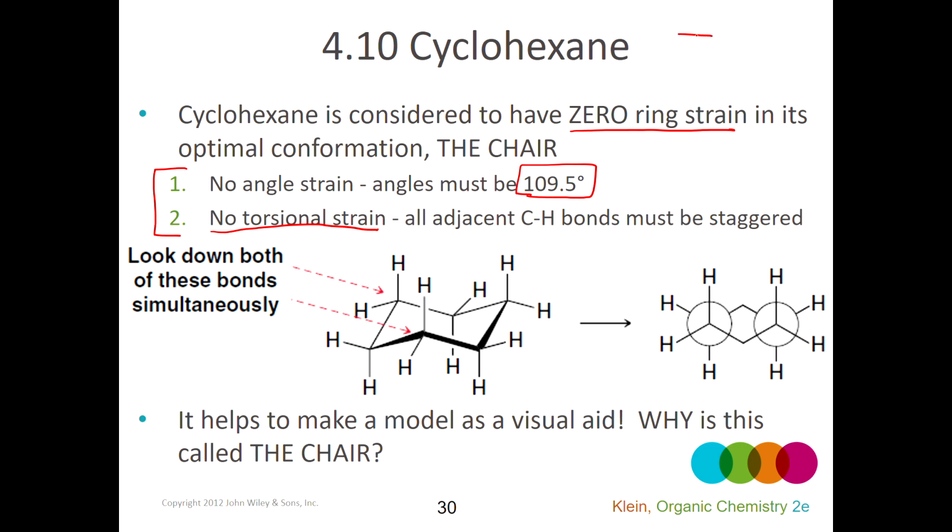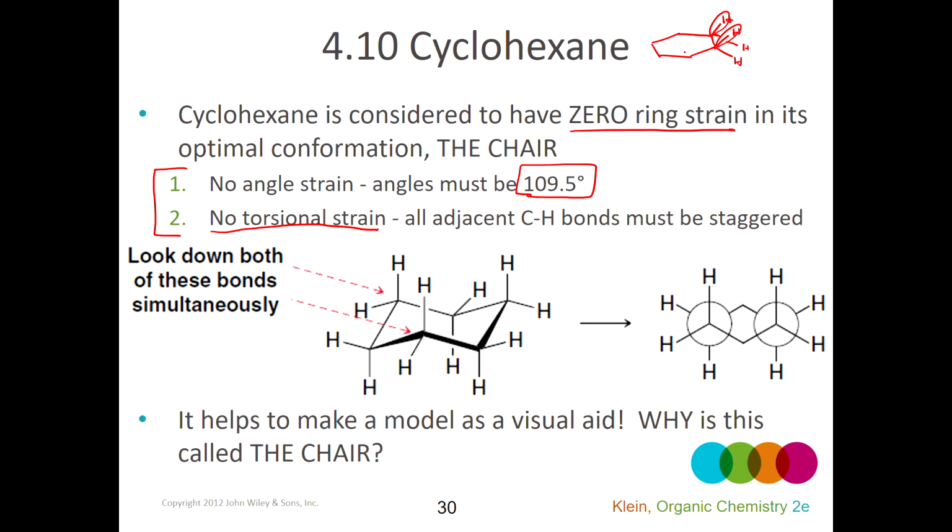If I made the 6-membered ring look flat, if I made all 6 carbons in the same plane, then I would see a lot of torsional strain. Each pair of hydrogens on adjacent atoms, their electron clouds would be repelling. So a flat 6-membered ring is really quite unstable.